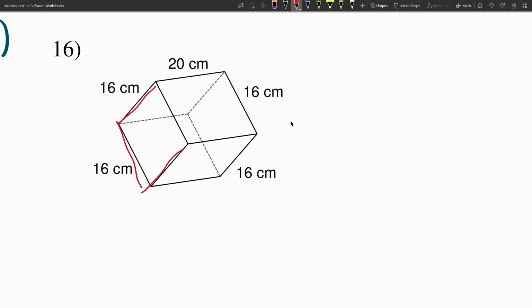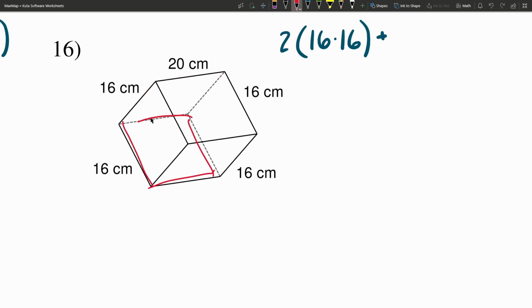So I have 2 sides that are 16 by 16, so 2 times 16 times 16, and that's going to be added to, look, I have a 16 by 20 here, I have a 16 by 20 here, here, and lastly here. So my 4 other sides are all 16 by 20. So then I have 4 sides that are all 16 by 20.